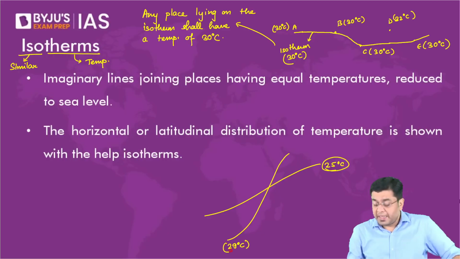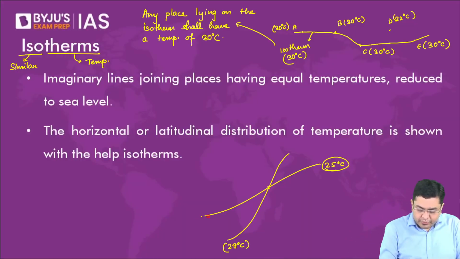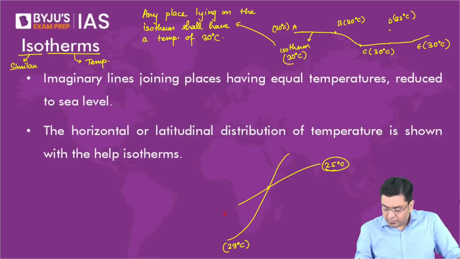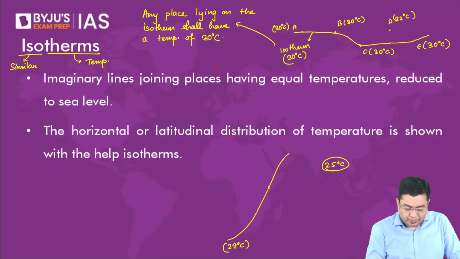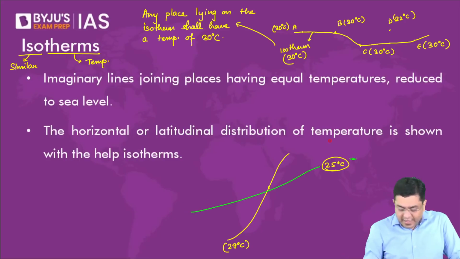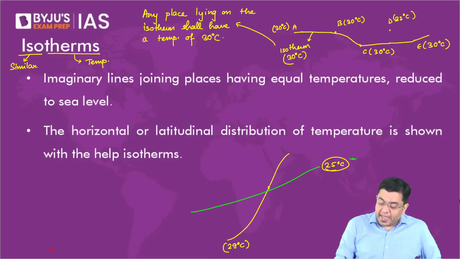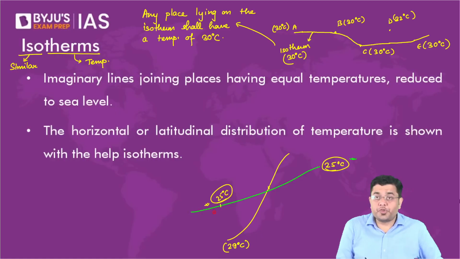Let me use different colors so that it is clearer. The 25-degree isotherm is green and the 29-degree isotherm is yellow. Any place lying on the green isotherm will always indicate 25 degrees Celsius; that is why that isotherm is drawn.